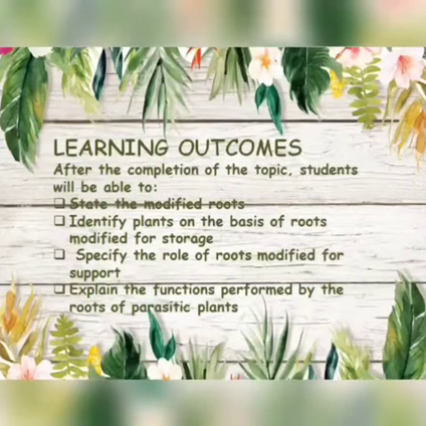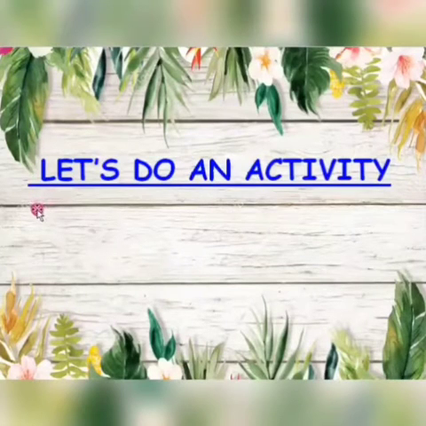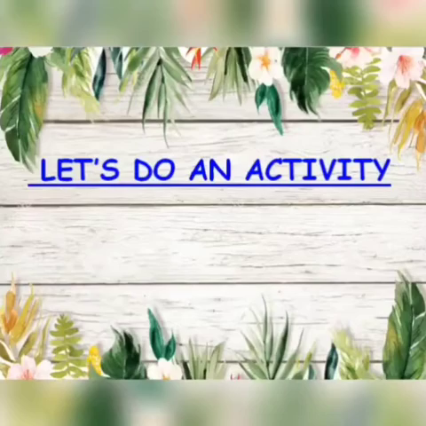So let's begin with the topic. Before we start with the topic, we will start with an activity. So let's see what that activity is. Let us perform an activity.